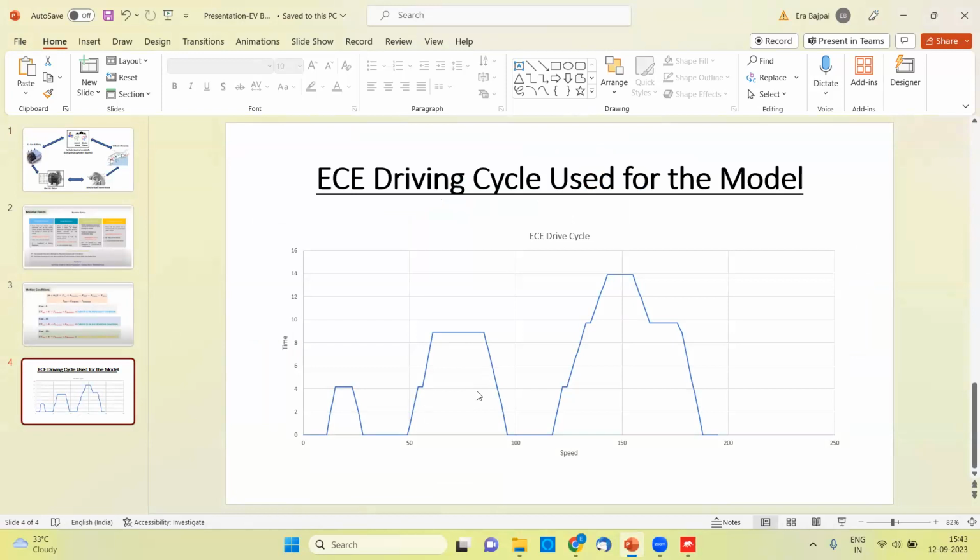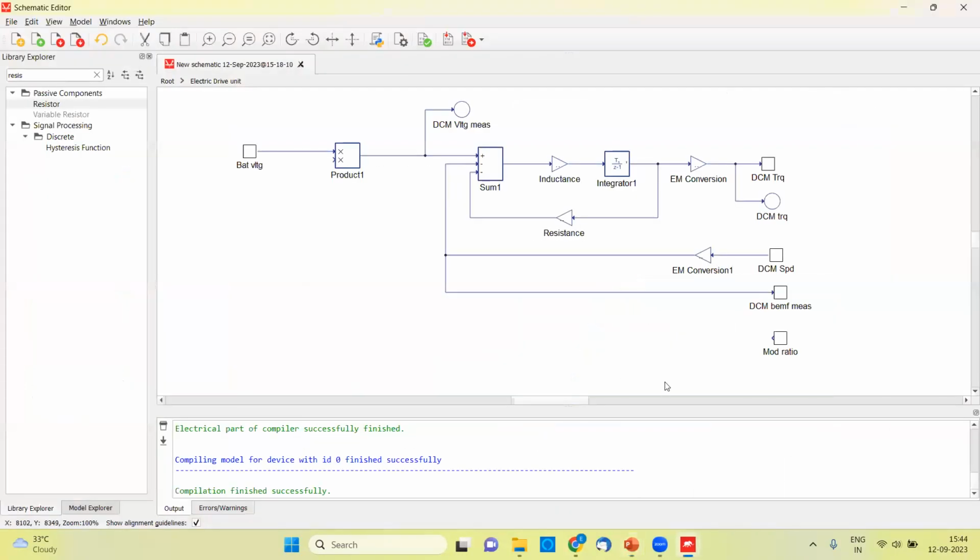So you can see there are three cycles in this drive cycle. For some time, our vehicle is at zero or it is stationary, then it is accelerating, it is constant, and then it is deaccelerating. So this is what is the drive cycle, and this is what is getting followed over here in our model also. So all this change is getting as a feedback through this mod ratio to our DC motor.